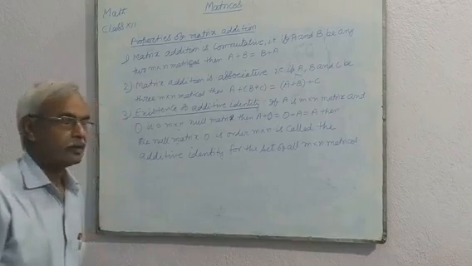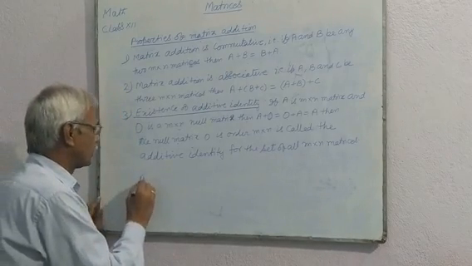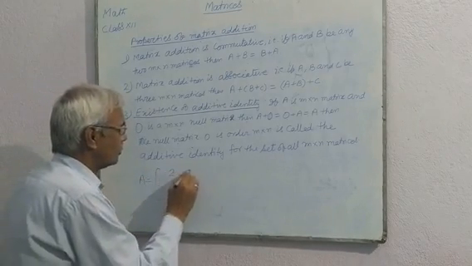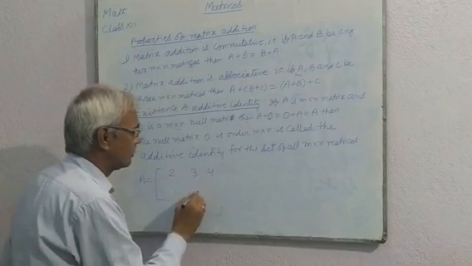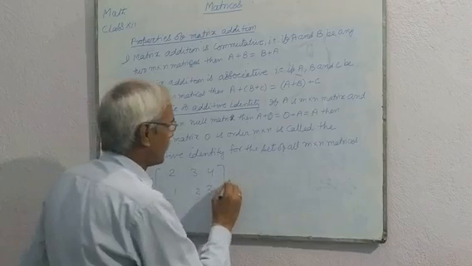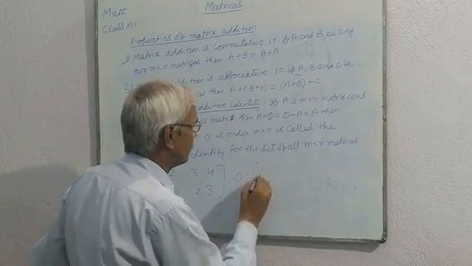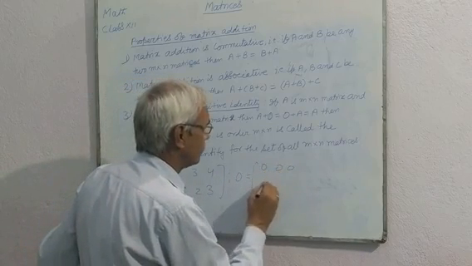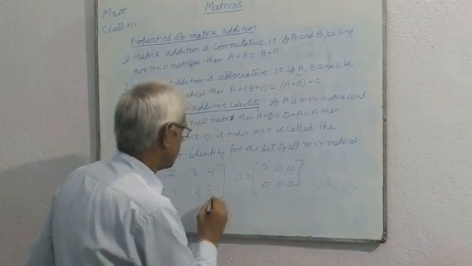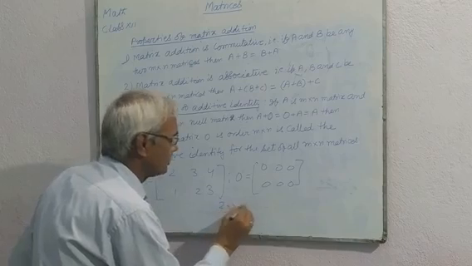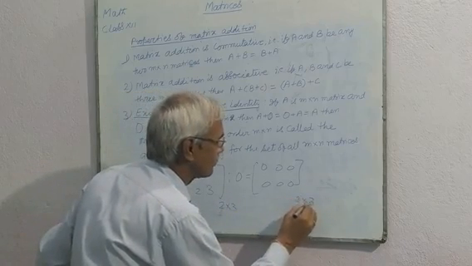For example, A equals 2, 3, 4, 1, 2, 3, and the null matrix O is 0, 0, 0, 0, 0, 0. It is also of 2 into 3 order.